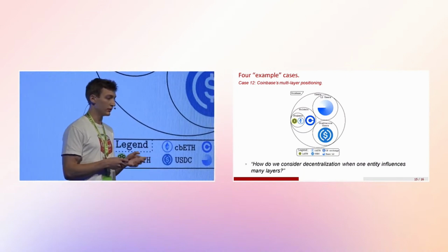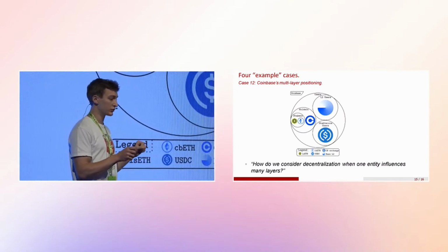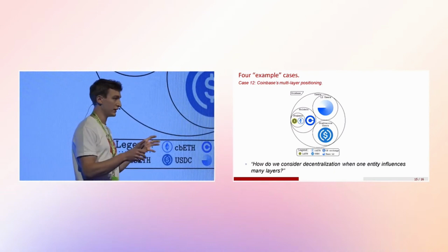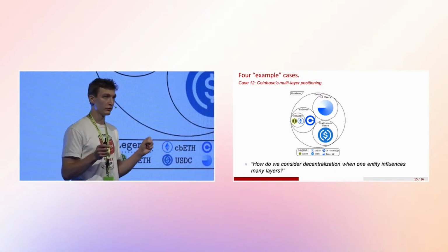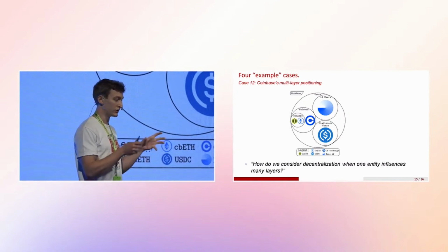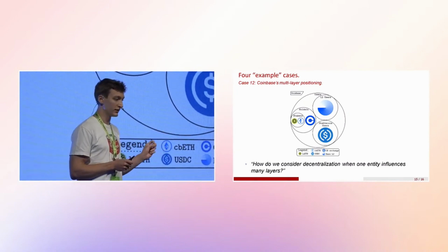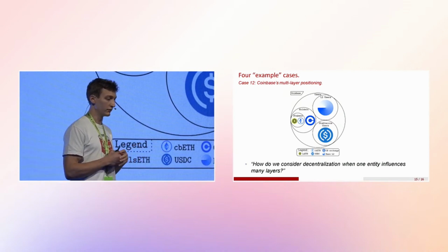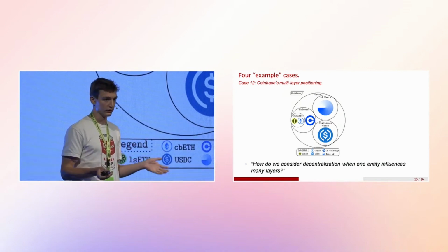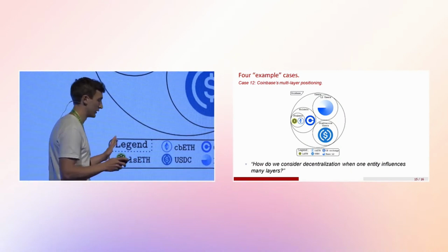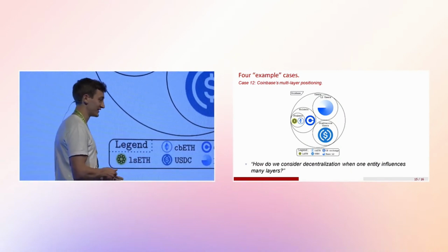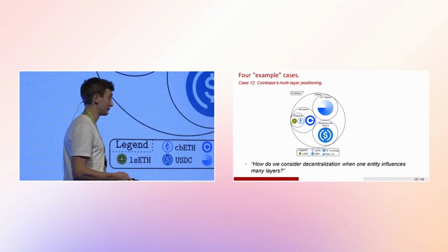But you could also think about a single entity having control over many different sets, and even if it might not have a majority in any of those sets, the centralizing force of having a large stake or a large influence over many of the subsets could also call into question the true decentralization of the protocol. I'm not pointing any fingers, but Coinbase is the easiest example here.